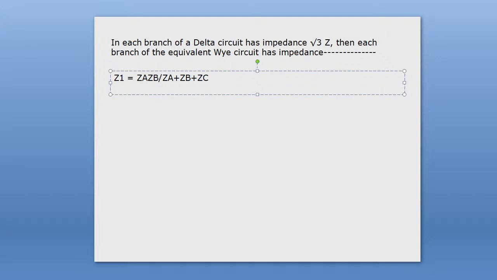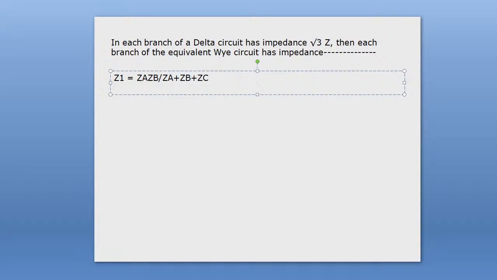If ZA, ZB are the adjacent arms of the Z1 element, then Z1 equals ZA times ZB divided by ZA plus ZB plus ZC.